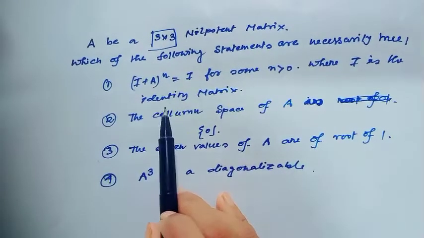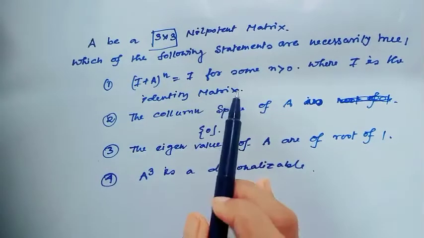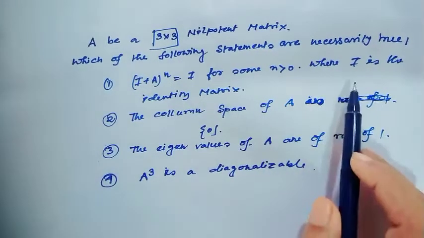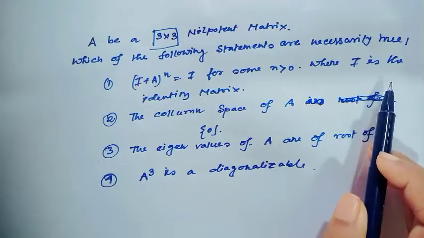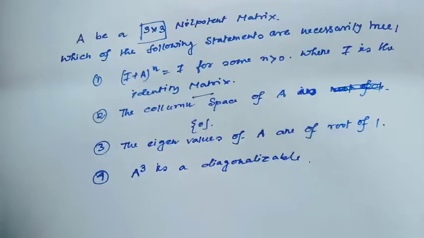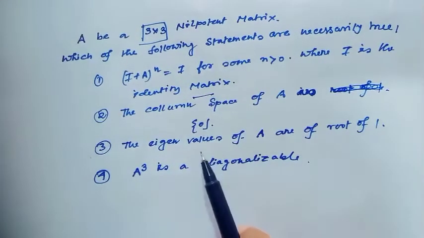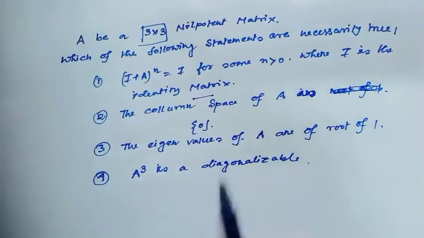Option 1, I plus A to the power n equal to I for some n greater than 0, where I is the identity matrix. Option 2, column space of the matrix A is singleton set 0.